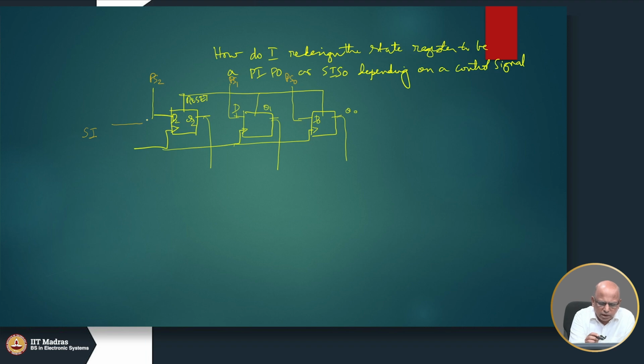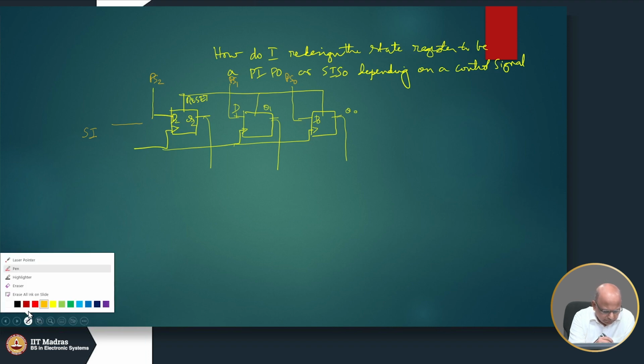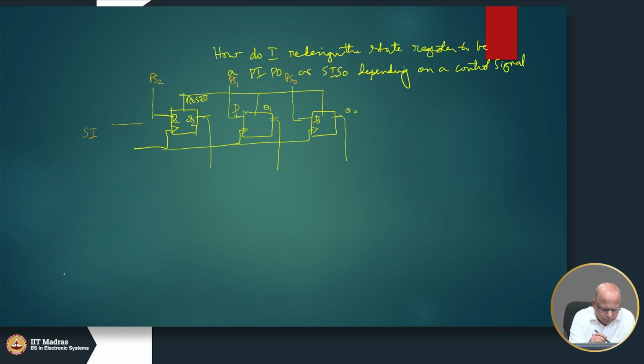So, we will need to have an ability to either take the PS2 value or the SI value. So, that is done with the help of a multiplexer. So, we will put a multiplexer here, and so, this is my 0 and this is my 1.